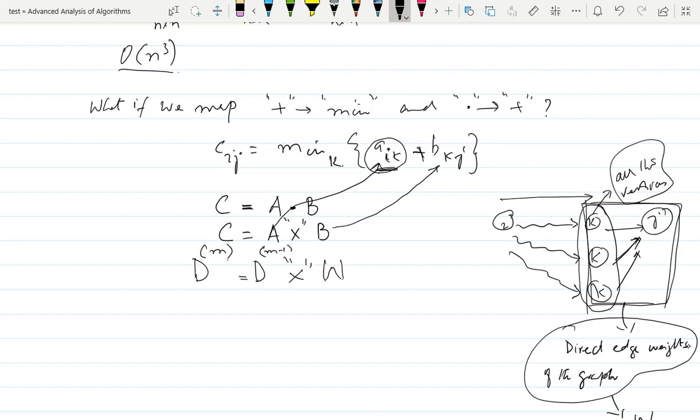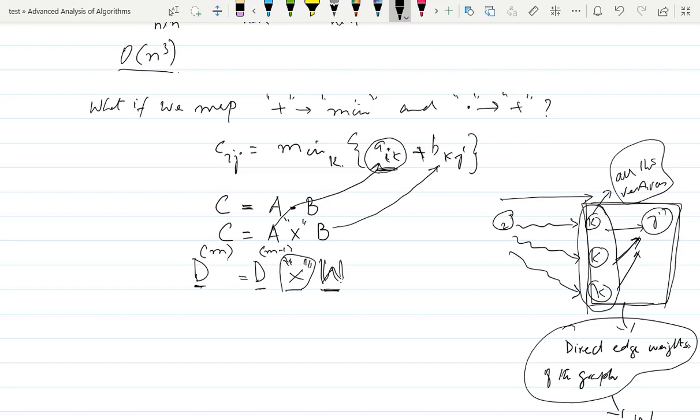This is the transformation of the simple matrix multiplication into a new form. Whenever I have to calculate dm, I multiply, using this funny multiplication, with the W matrix and the already computed path weights.